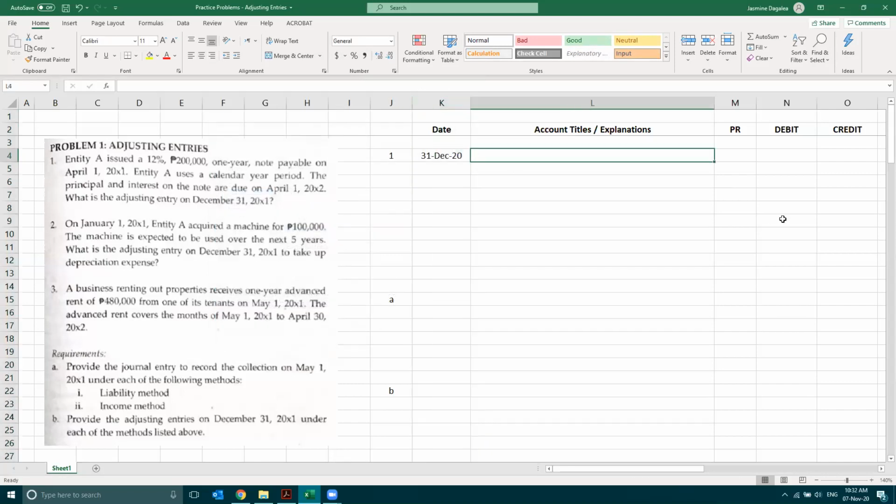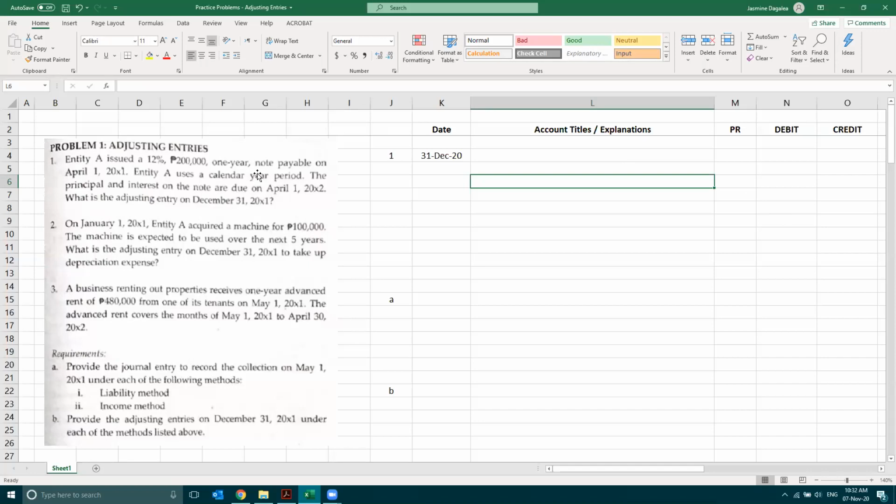So, debit what? Notes payable? How do you recognize interest for this payable? The problem did not ask for the initial entry. It only asked for the adjusting entry. What is your adjusting entry on December?